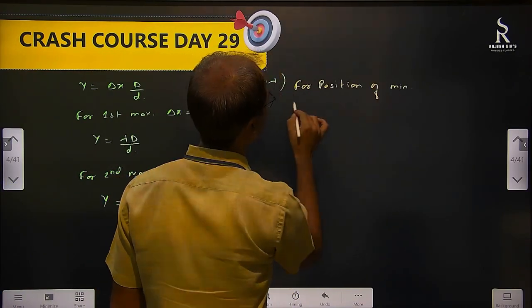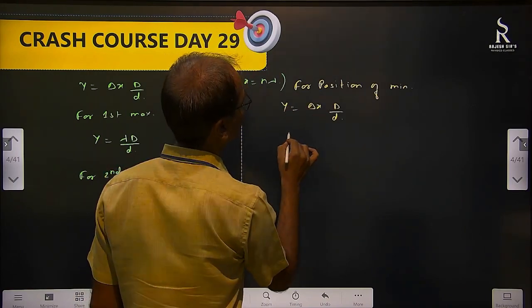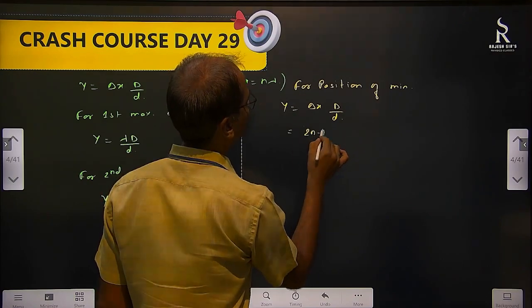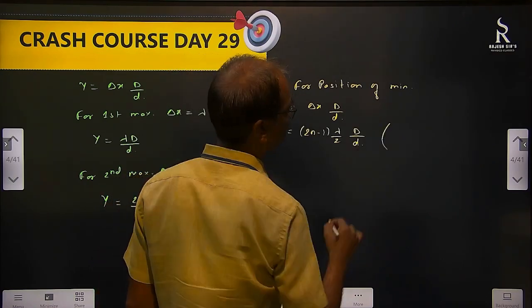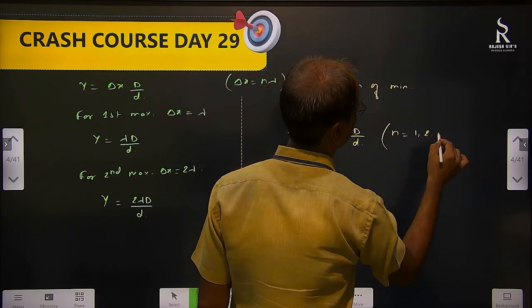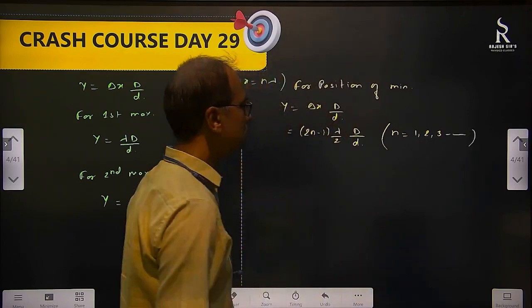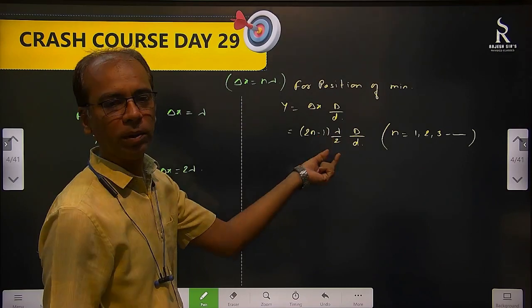The formula is the same, y equal to delta x capital D by small d. What is delta x? I am writing it as (2n minus 1) lambda by 2. What is n here? n starts from 1. So if you keep 1 here, 2 into 1 minus 1 becomes lambda by 2.